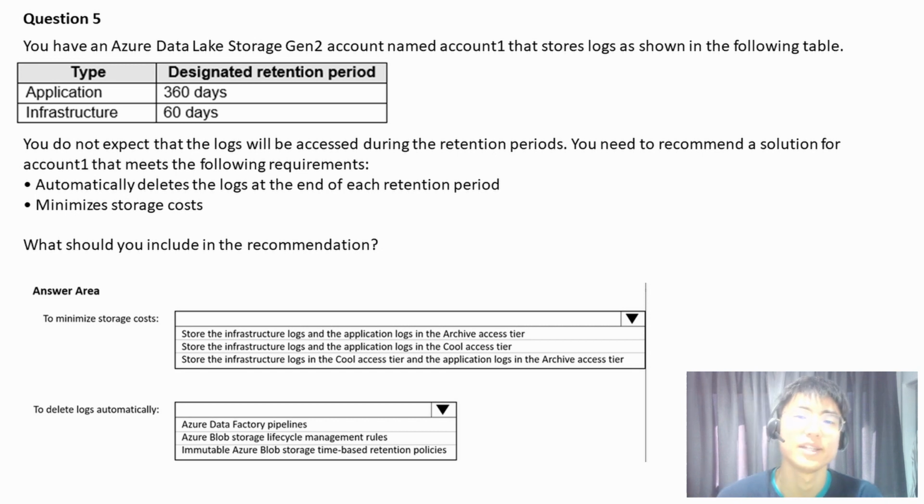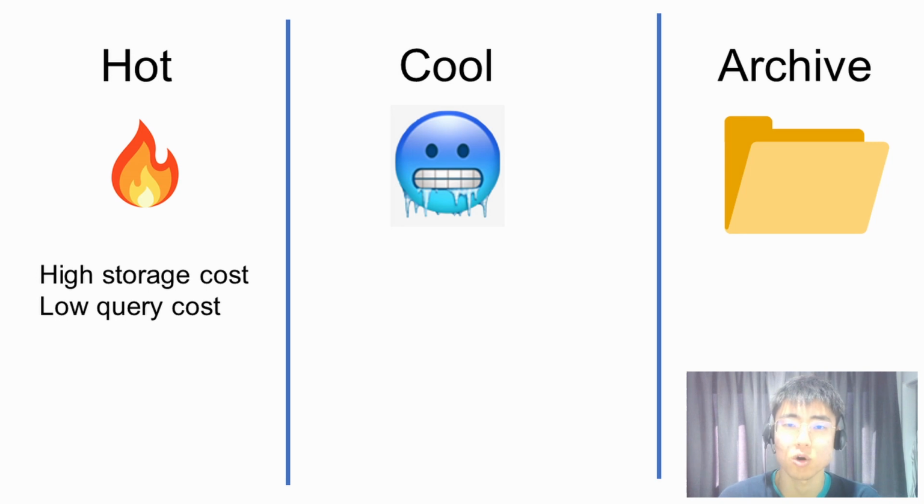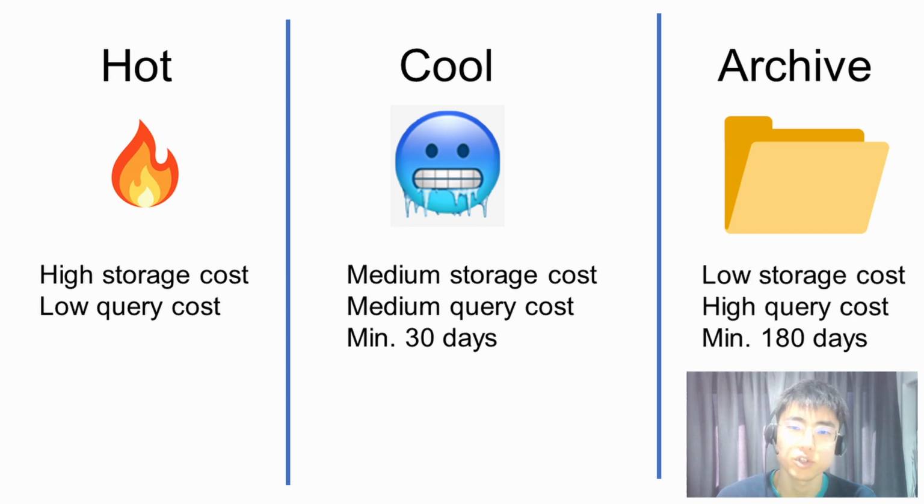The good thing about it is it's quite intuitive. So there are 3 storage tiers: hot, cool, and archive. Going through them one by one, in the hot storage, it's expensive to store our data there, but very cheap to query from there. Cool storage, it's about medium storage cost and medium query cost. And archive storage, it's very cheap to store there, but expensive to query there.